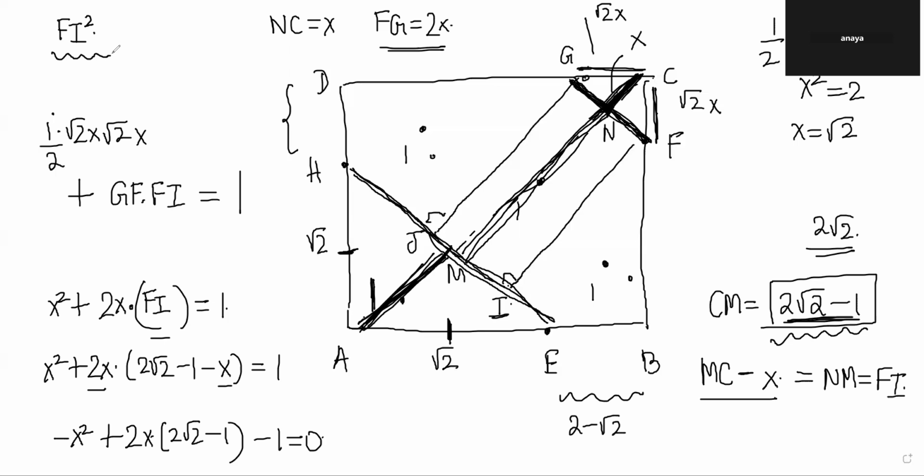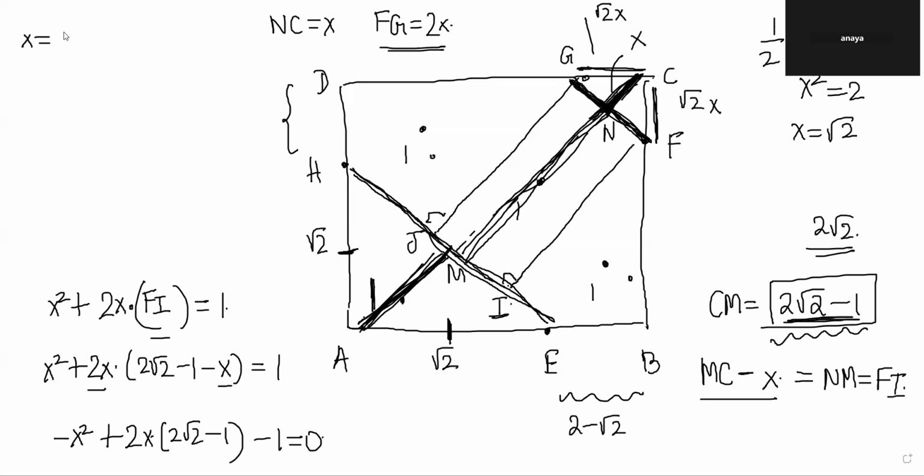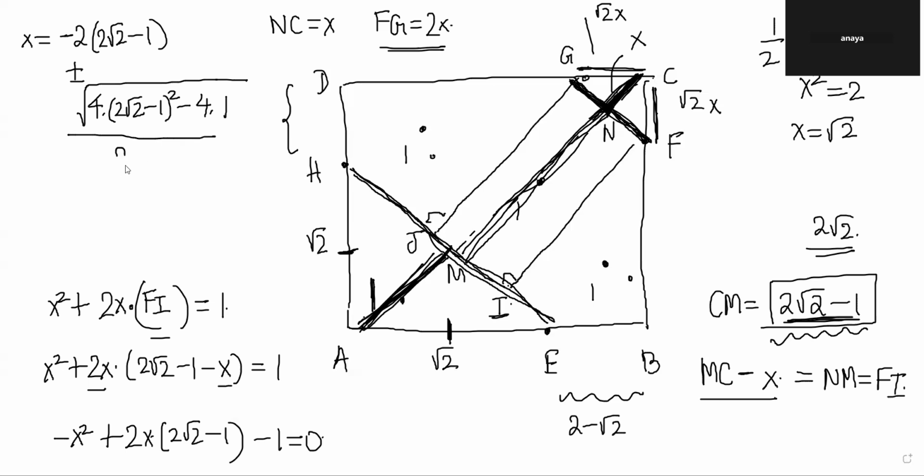Okay, let's solve the quadratic to find our x. We will get x is equal to minus b, which is minus of 2 into 2 root 2 minus 1, plus or minus root over b square, so 4 into 2 root 2 minus 1 whole square, minus 4 into a, which is minus 1, and c is also minus 1, so 1, divided by 2 into minus 1, right?